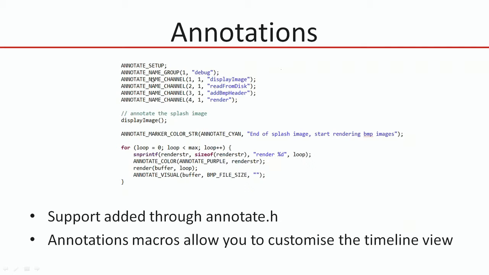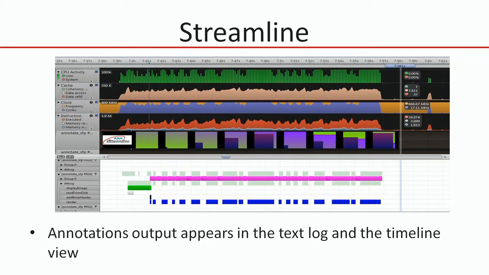So here we're defining some annotation channels, and then we're adding specific annotation points within our code, so that now when we run the Streamline performance analyzer, we're getting information in this case about how our bitmap is being produced, and then in here we're getting additional channels of information that we can zoom in to see the actual activity points and how they're occurring within our code.